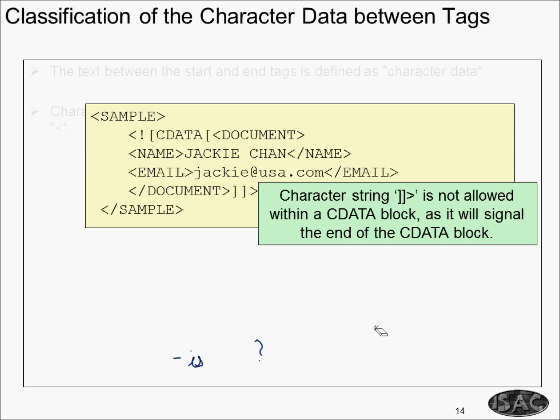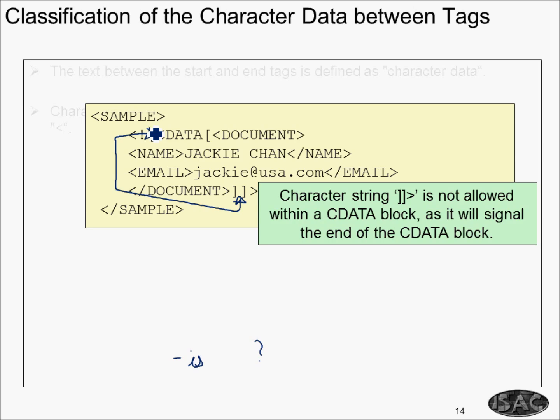It starts with CDATA and closes here. Everything between these, although it looks like tags with character data inside, when the XML parser parses it, it will skip this name, Jackie Chan, and the email jackie@usa.com. So basically, these are character data which you don't want the parser to parse. So you can just put it like this.